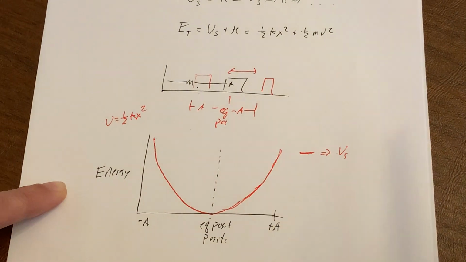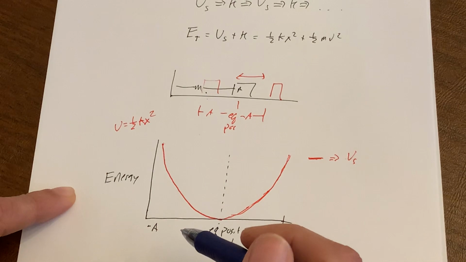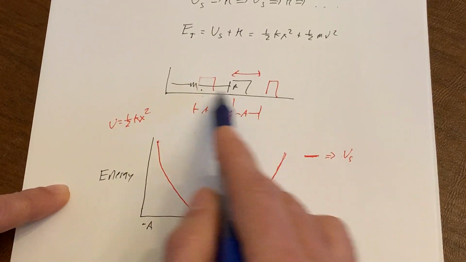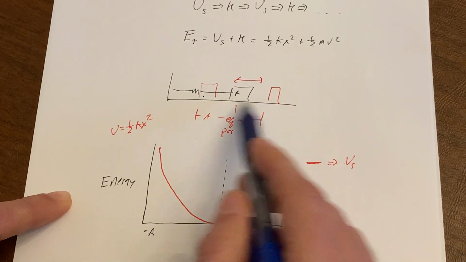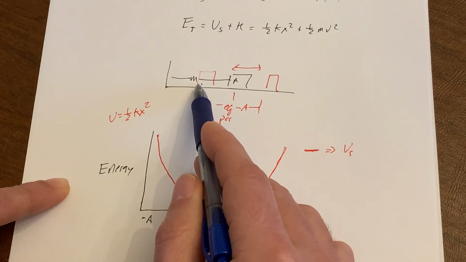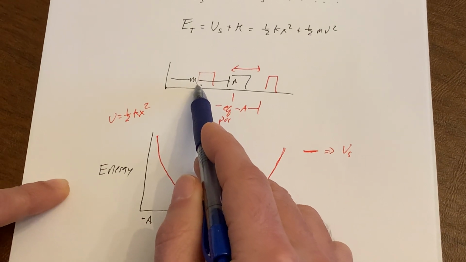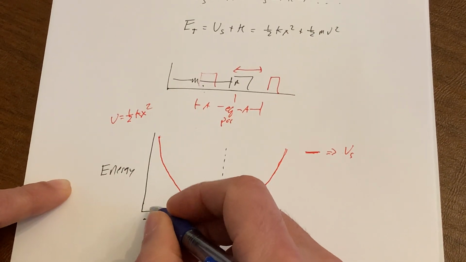All right, let's go to blue. Let's take a look at what my kinetic energy looks like as this box wiggles back and forth. Let's start over here. As the box is all the way over here and it's at rest, in its maximum potential energy position, what is my kinetic energy going to look like?